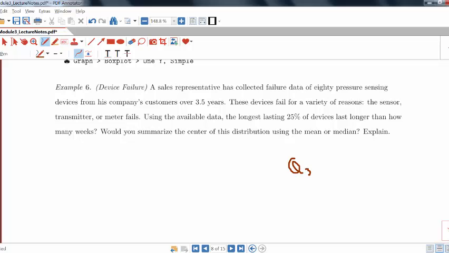In your box plot, here's quartile 3, and it's the value such that 75% is below it and 25% is above it. So Q3 would be that cutoff value for the longest lasting 25% of those sensors.